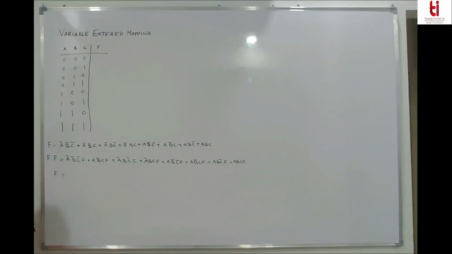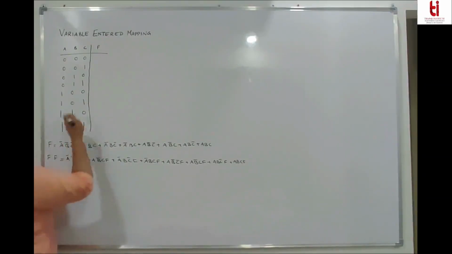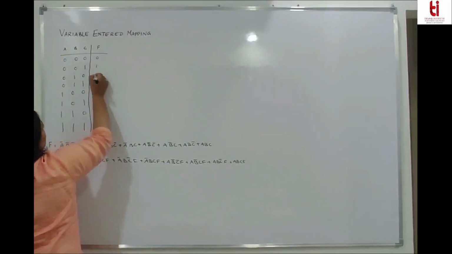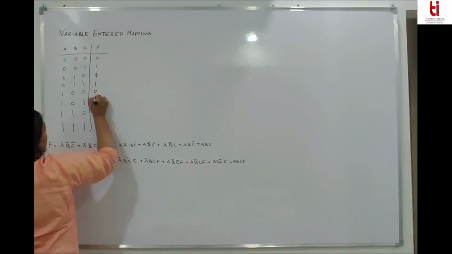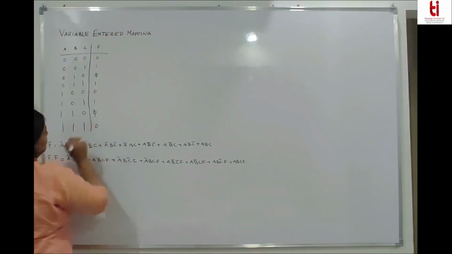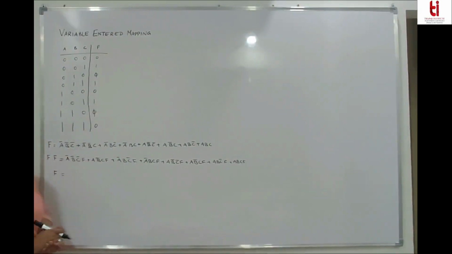Now if you plot it in the K-map, how do you write it? Suppose I'll take some function 0, 1, 5, 1, 0, 1, 5. This is the function. Fine? These are don't cares, we have min terms, we have max terms, we have don't cares, all together. So how will you plot a K-map for this?